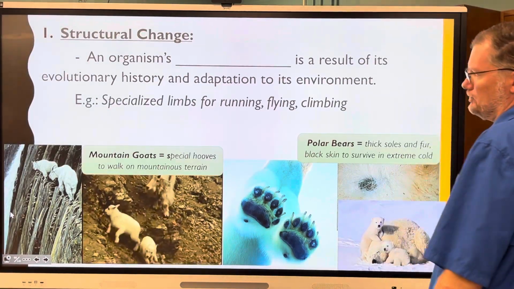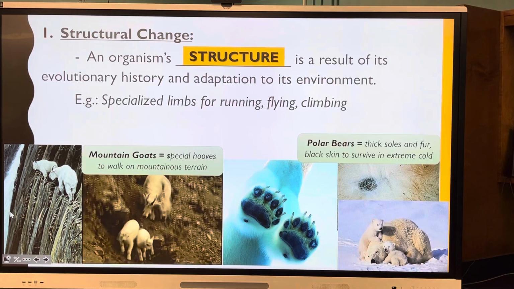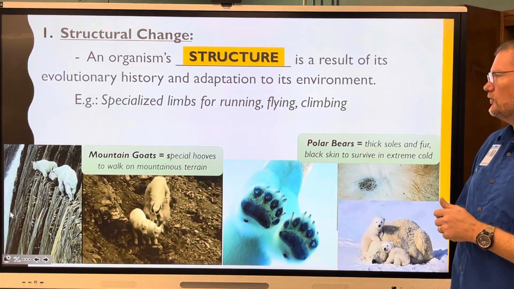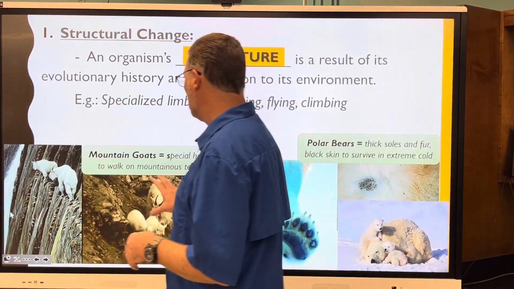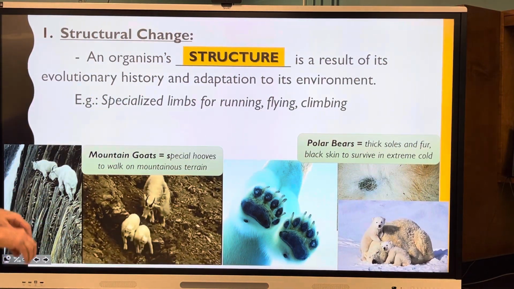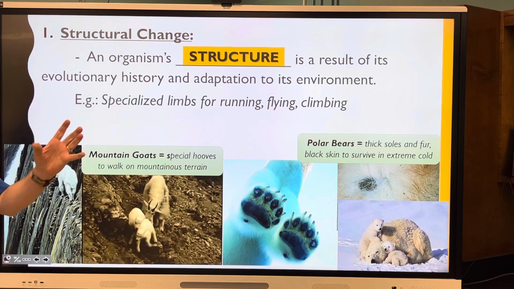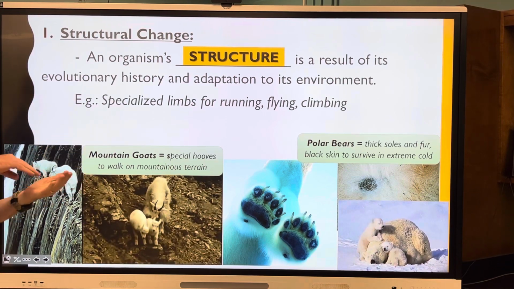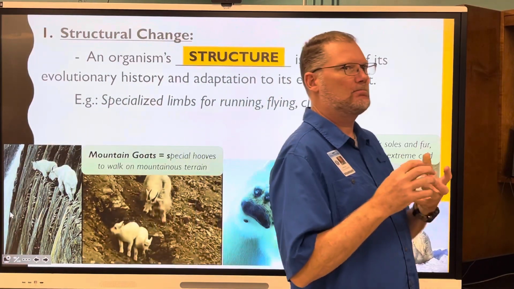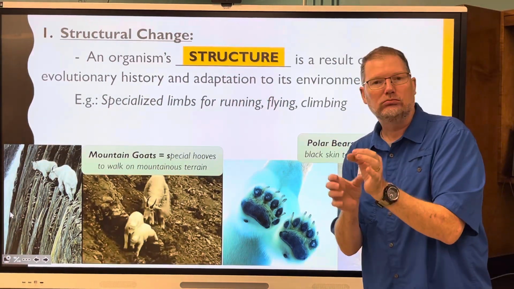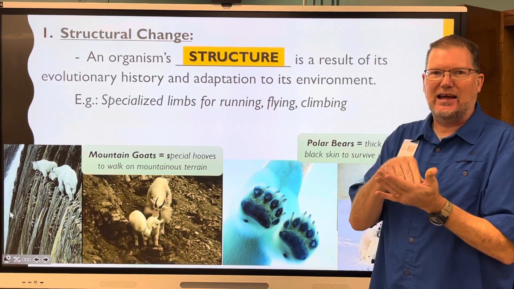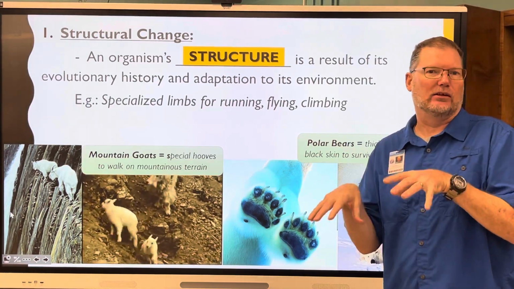Structural change. An organism's structure is a result of its evolutionary history and adaptation to an environment. So for example, you've got mountain goats. They have special hooves, almost like chisels, that they don't grip or grab on with, but they're narrow, okay, that's one thing, and they can get into tight spaces and balance on them.